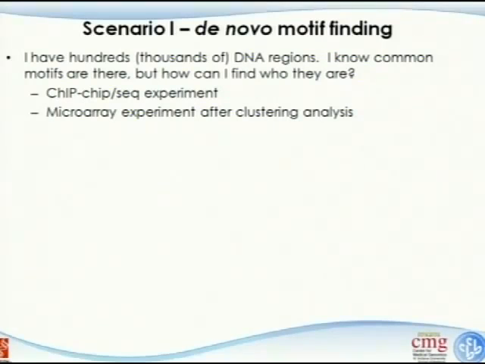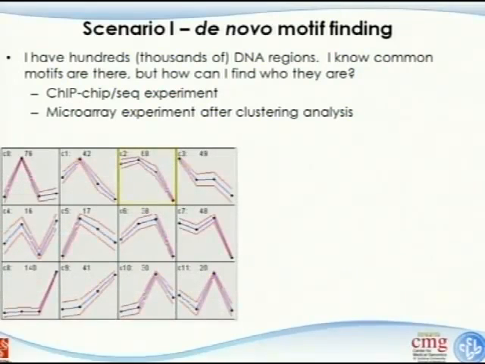This data can be derived from a ChIP or ChIP-seq experiment, or it can be based on a microarray experiment after clustering analysis. This is an example of a microarray experiment under several different conditions. If you see some genes that always go up and down together, we consider those a cluster.